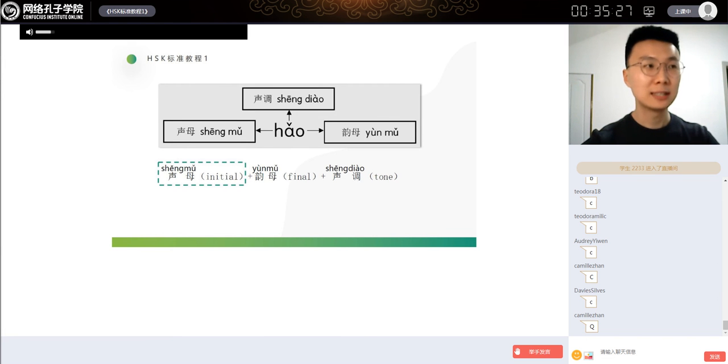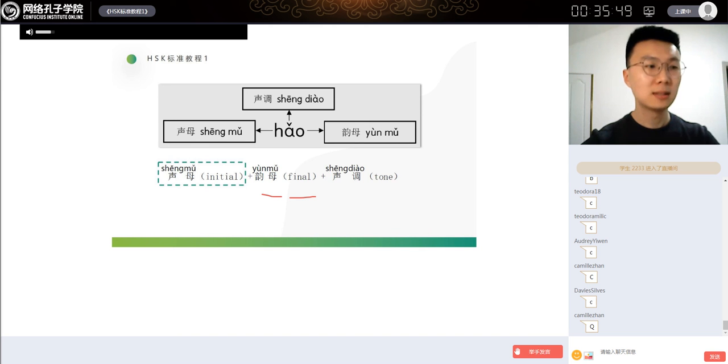We have known that pinyin consists of three parts. Initial, 声母, final, 韵母, and its tone, 声调. Not every pinyin has a 声母, but a 韵母 is necessary.